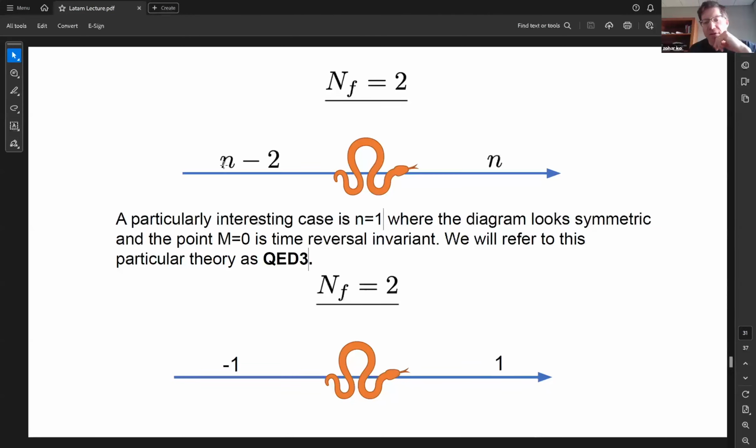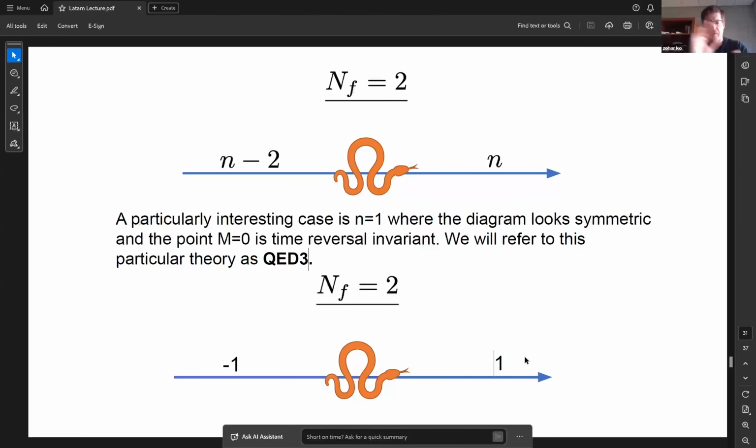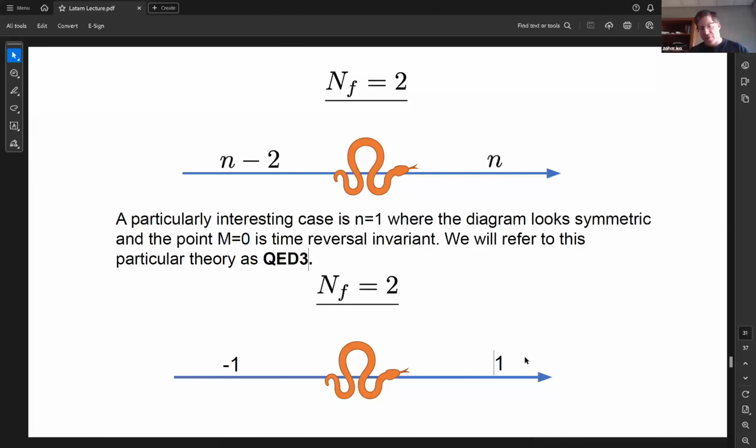So for general little n, it's a non-Landau-Ginzburg transition from topological order with n minus 2 units of flux to n units of flux. But if you just plug n equals 1, you get -1 here, 1 here. And this is time reversal invariant because you have 1 and -1, it's very symmetric.